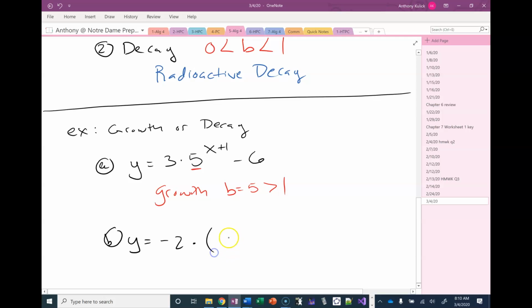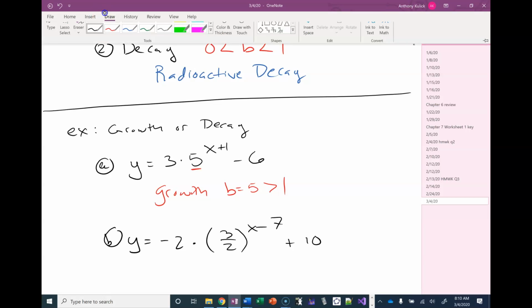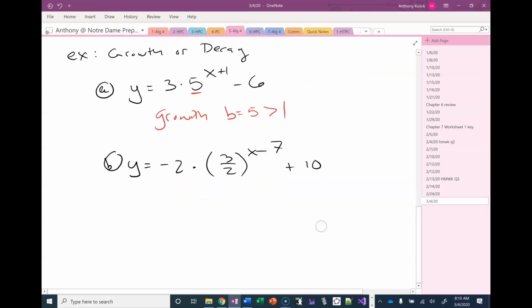But yes. So for example here, this one is still growth, even though the b value is a fraction, because that fraction, 3 over 2, is still bigger than 1.